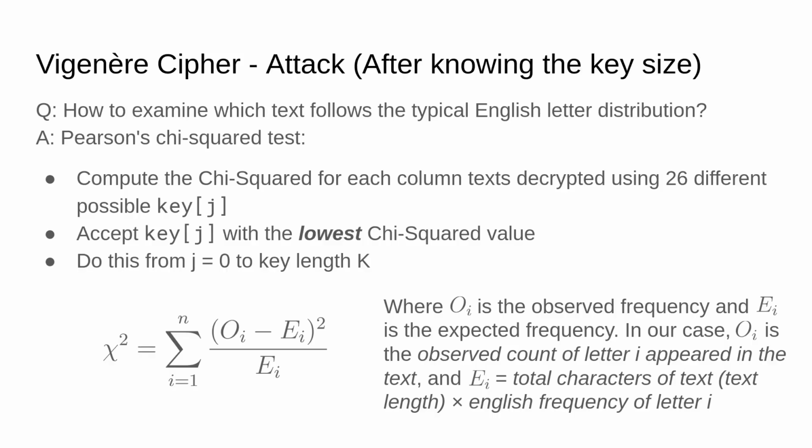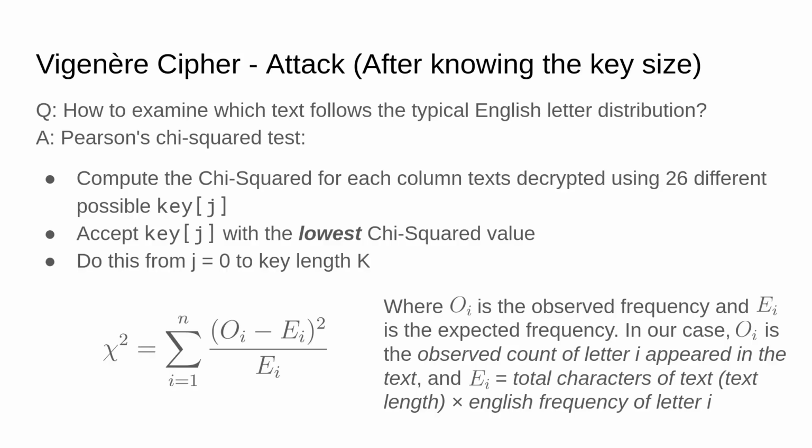Basically, the chi-square test is a statistical method used to compare the observed data with the expected data and to measure how different they are. It helps to answer questions like, does my data match what I would expect? The core idea is that for each column, we try all 26 possible shifts from 0 to 25.